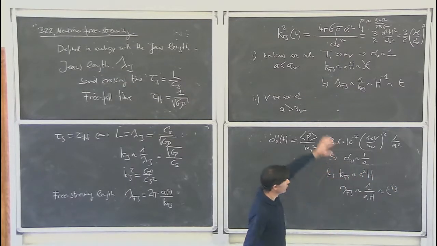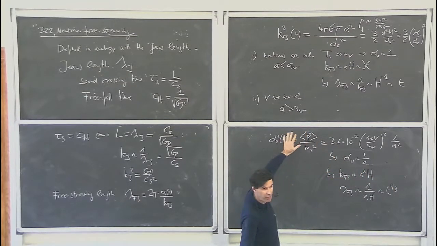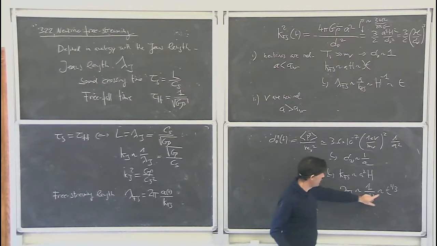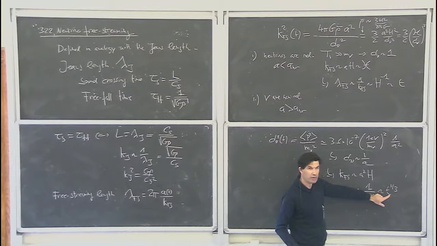I'm assuming matter domination, okay? Because for realistic neutrino masses, this transition happens deep in matter domination. So it's always matter domination scale factor. And so what you see here is that the physical scale grows like t to the 1/3, I mean, slower than the scale factor.